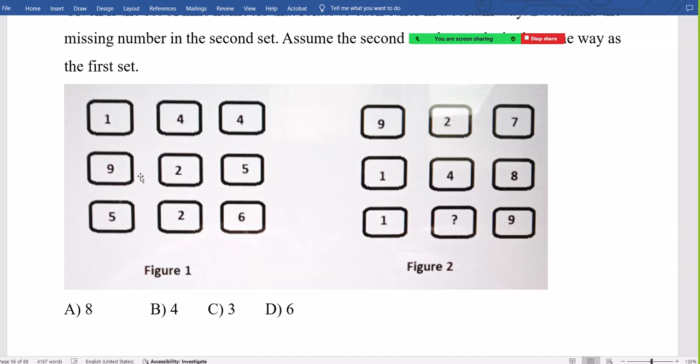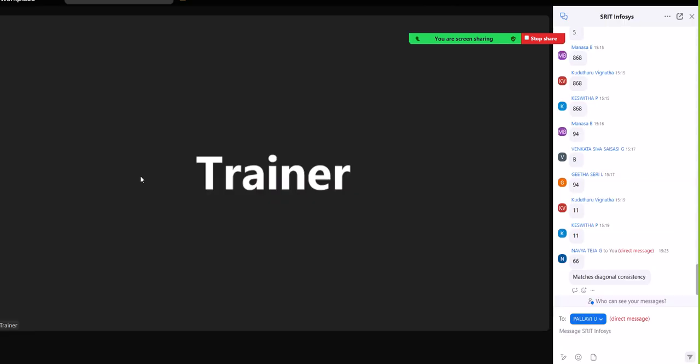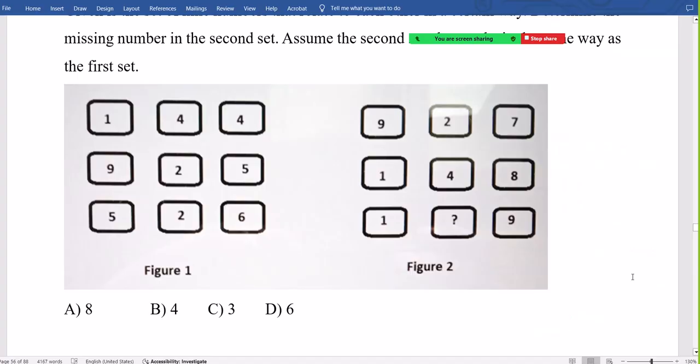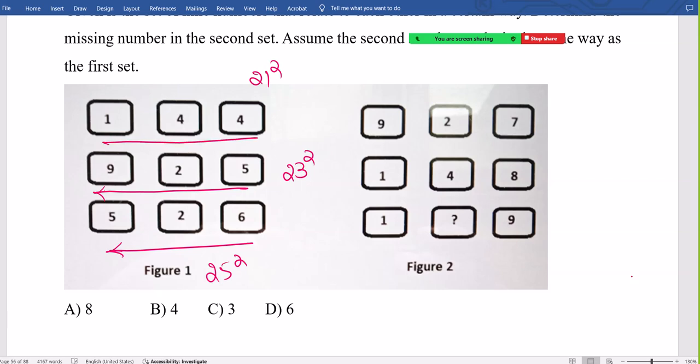Yes, answer. See, 625 is 25 squared, in reverse. This is 529, which is 23 squared. This is 21 squared, 441, given in reverse way. This is 29 squared, so 27 squared.